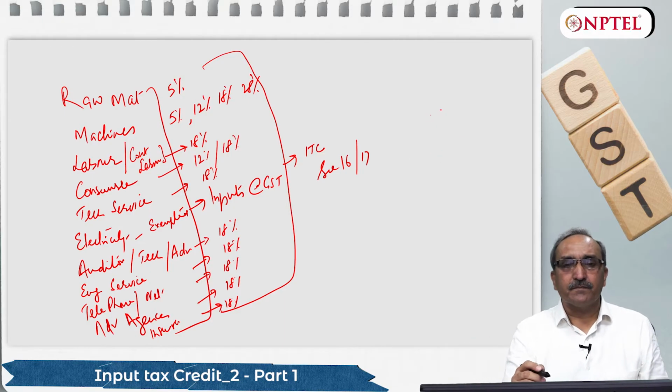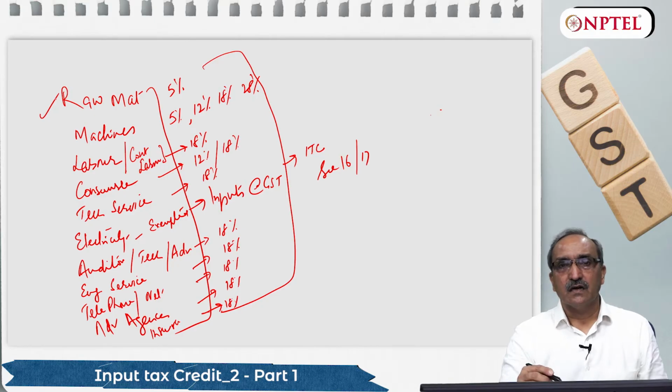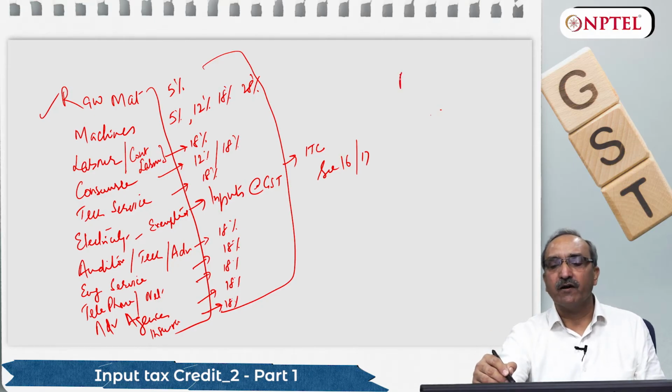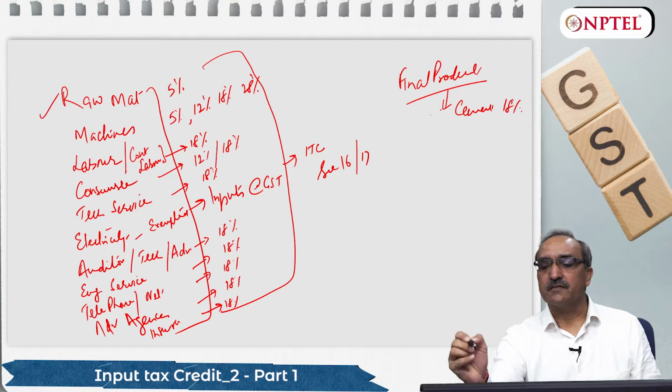So friends, when I have procured all these things, I process my raw material through machines. I manufacture my final product, maybe cycle, maybe cement. So if it is cement, GST is 18%.